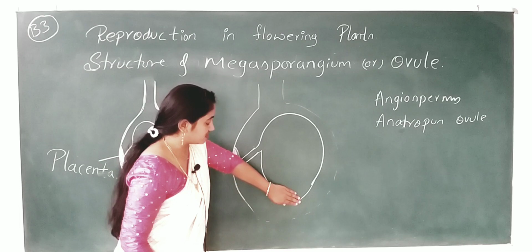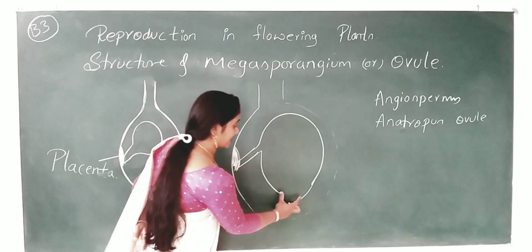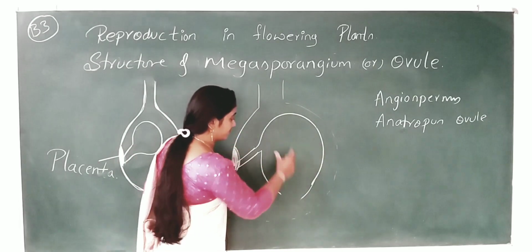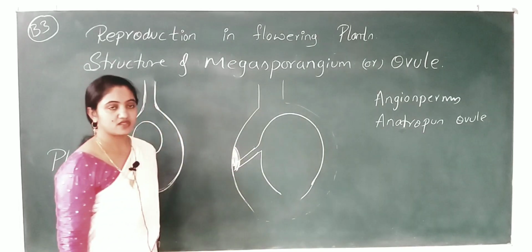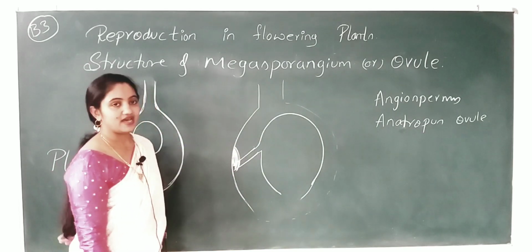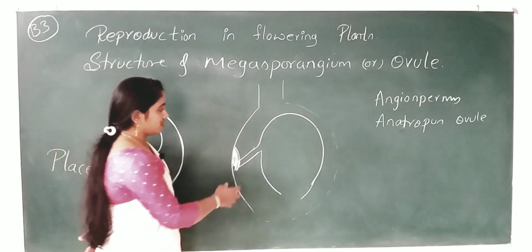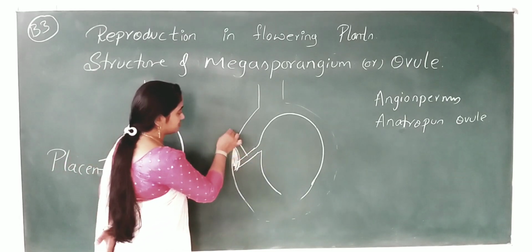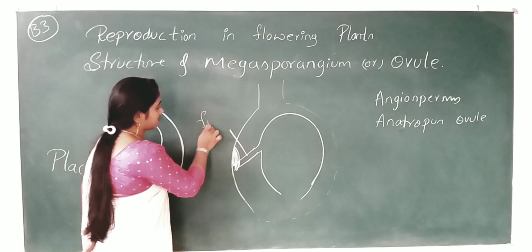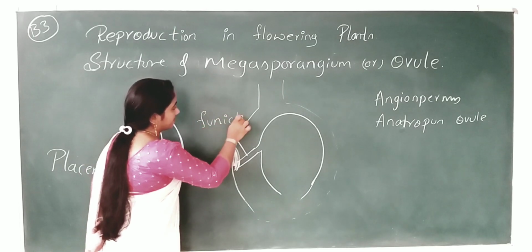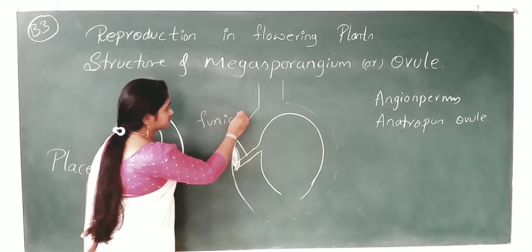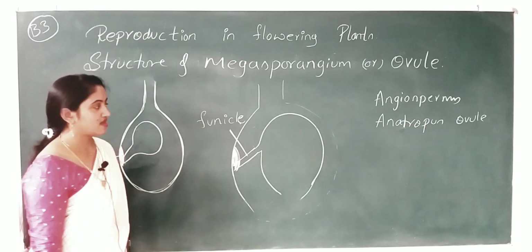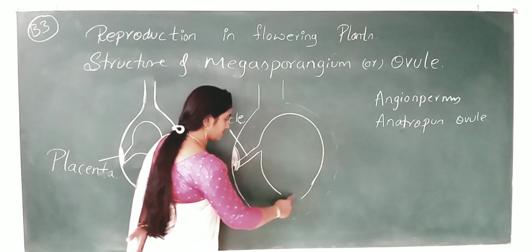The mouth, or head, of the ovule will be here. That's why it is known as an anatropous ovule. This is the stalk of the ovule, which is known as the funicle. And this is the body.